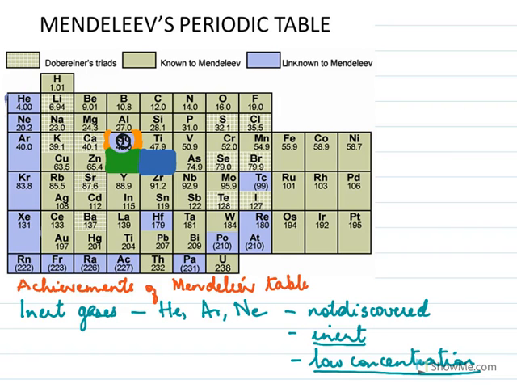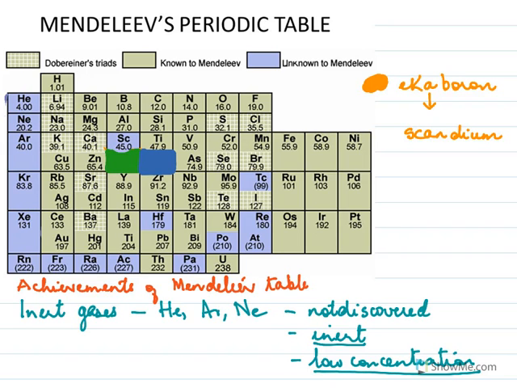Like this first gap, this gap that he left, he called it boron. And later an element was discovered which they call scandium. And the properties of scandium exactly fitted the properties of boron.